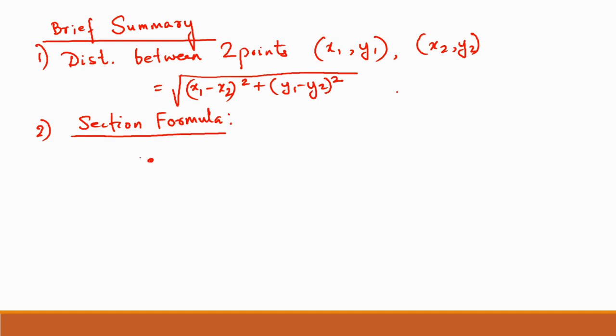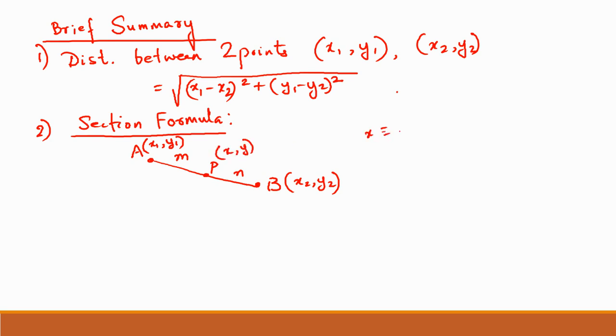So let's say you have a point A and a point B, and there is a point P which divides AB. A is x1, y1, let's think B is x2, y2, and point P divides A and B in the ratio m is to n, and point P is, let's say, x comma y.